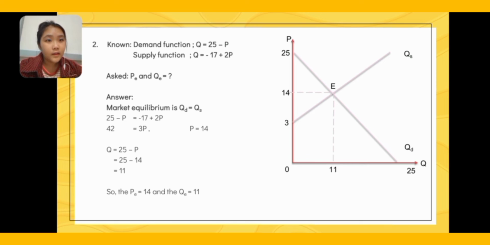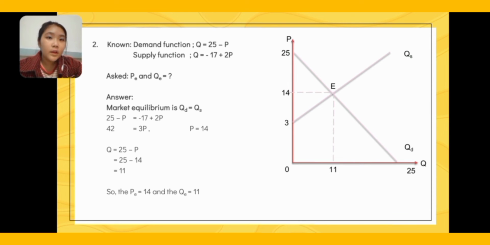Okay, how to solve it? We should know the formula of market equilibrium. The formula of market equilibrium is quantity demanded equals quantity supplied.